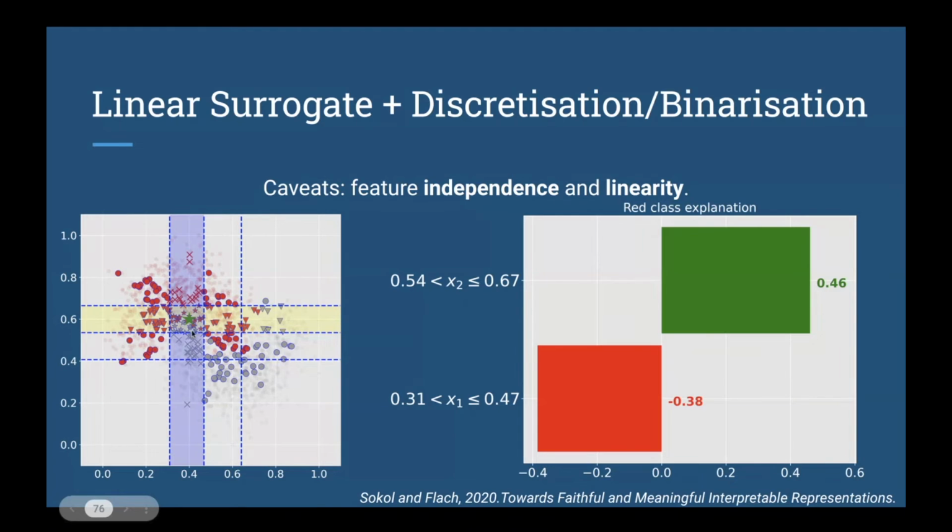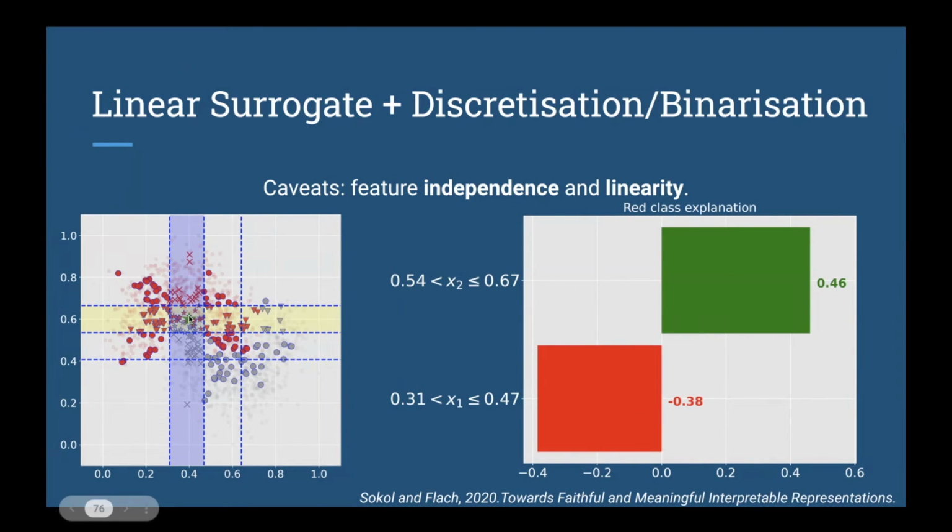So for example, for the green instance here, being in the region on the x-axis between 0.31 and 0.47, so here, has negative influence on predicting red class. Whereas being on the y-axis between 0.54 and 0.67 has positive influence on predicting the red class.